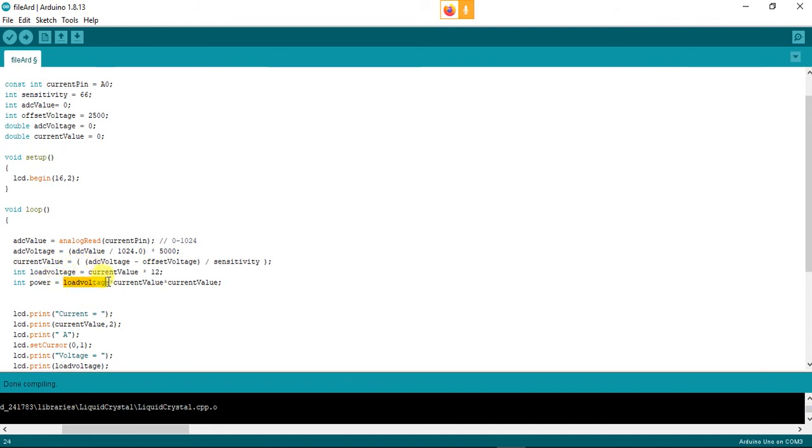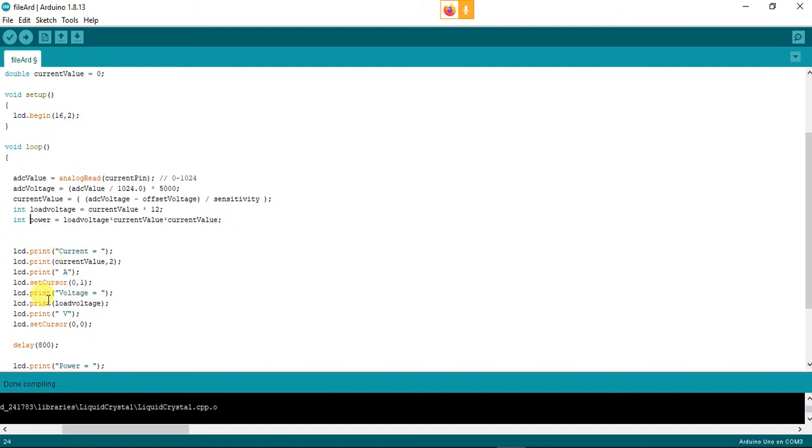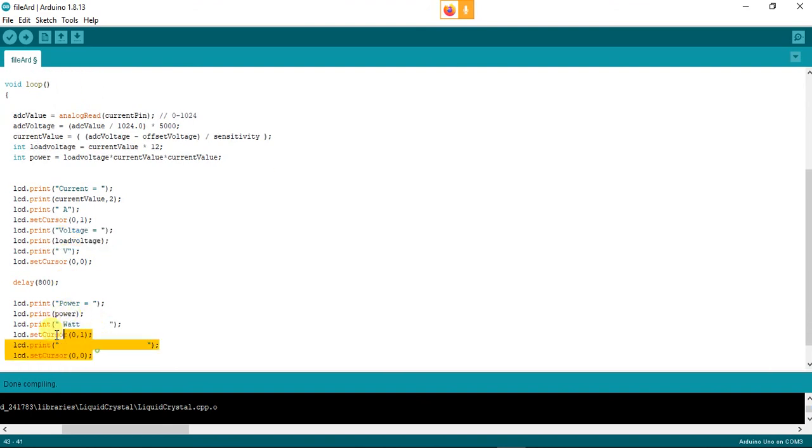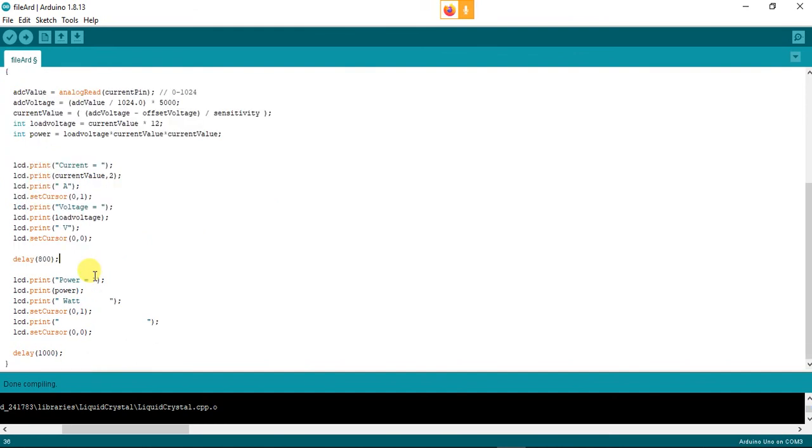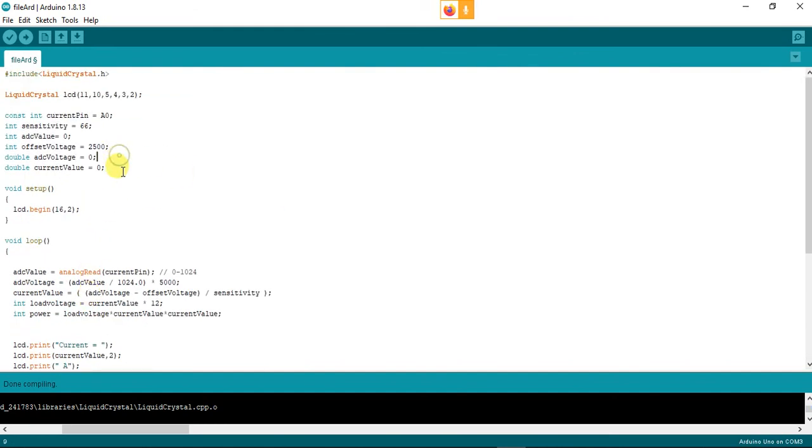And finally the power: we know P equals V into I. That's why we have multiplied voltage by current, and we got the power in watt. Finally, in our LCD print, we have printed the current, the voltage, and the power sequentially. And this is all about our coding part.